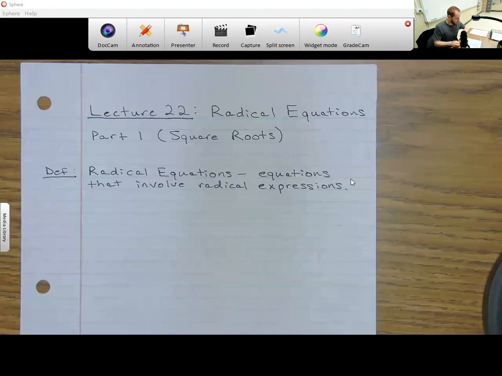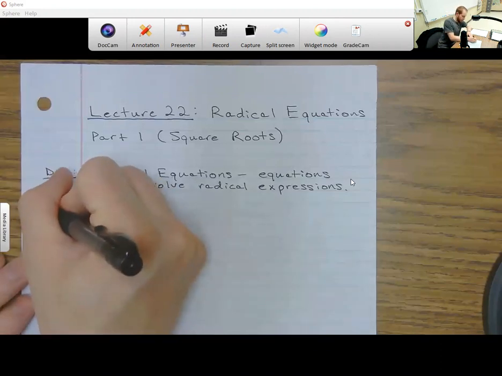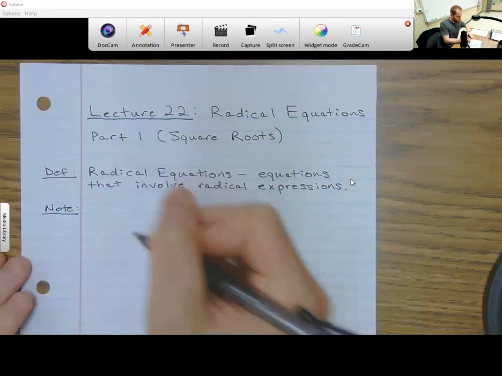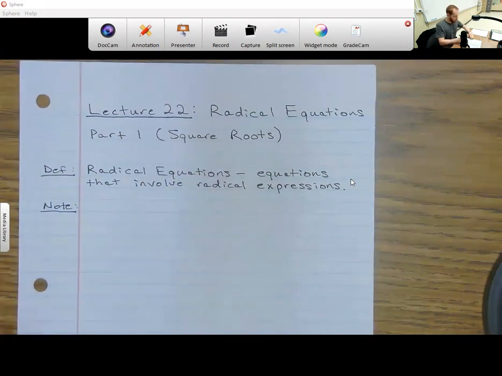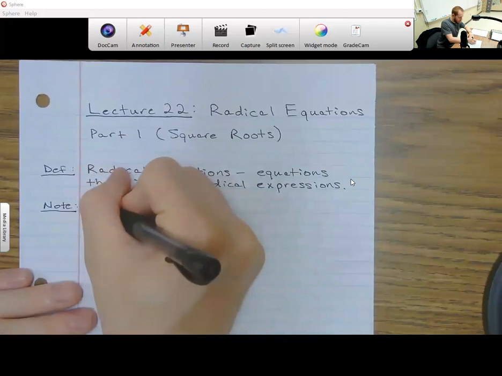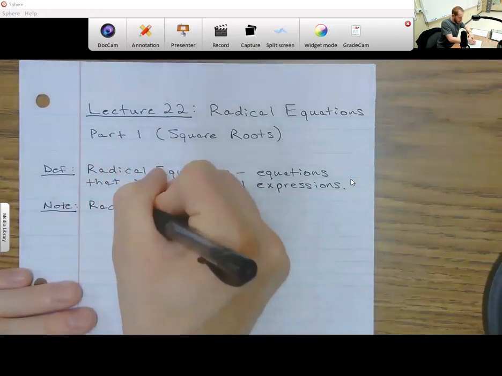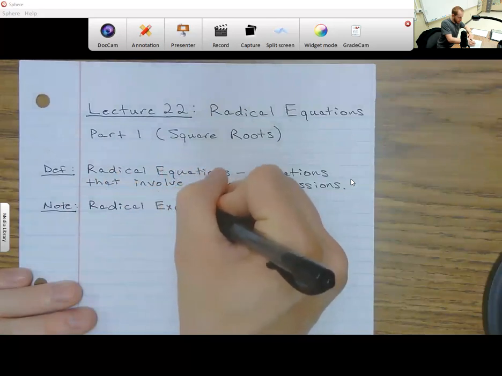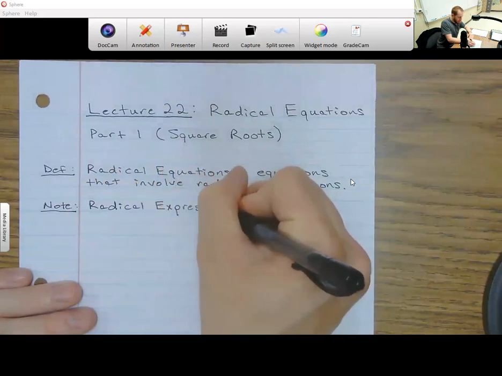Let me start off with a note. A radical expression is going to be an expression that has some kind of root.